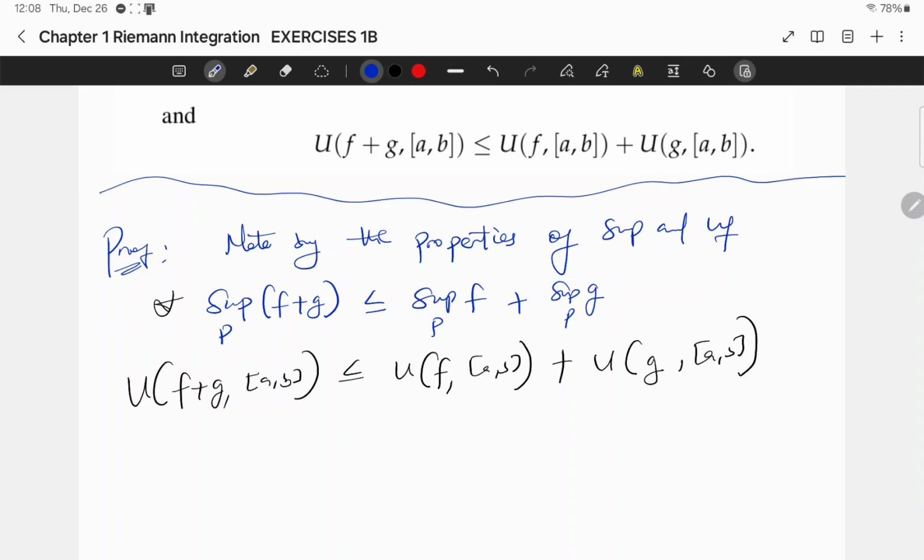And then also note that the infimum of f plus g over a partition, in this case we have the reverse.